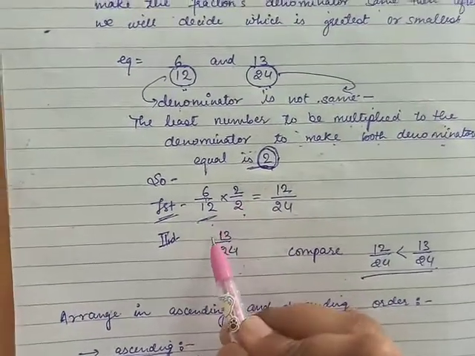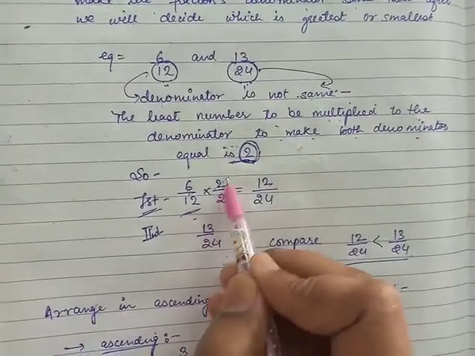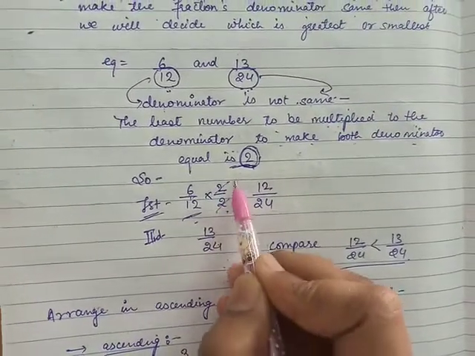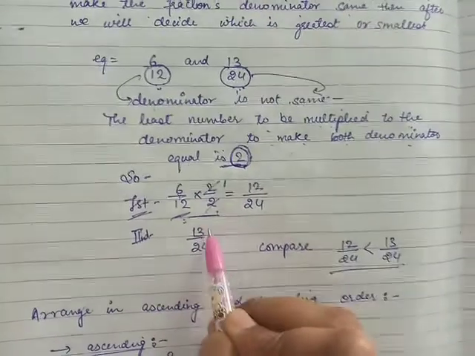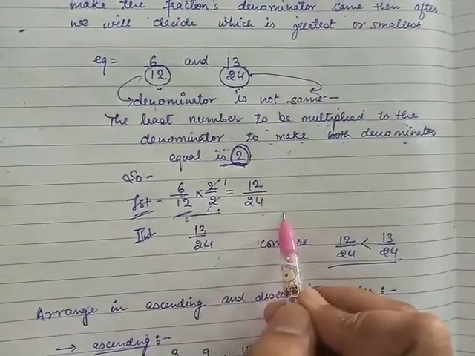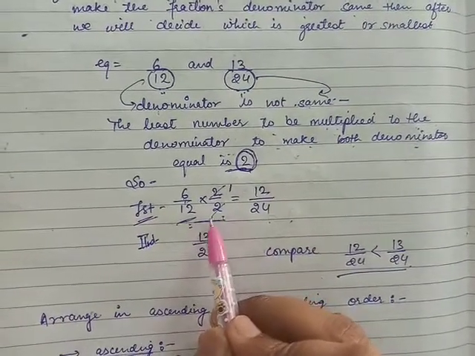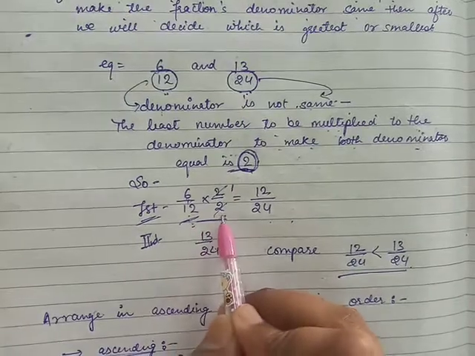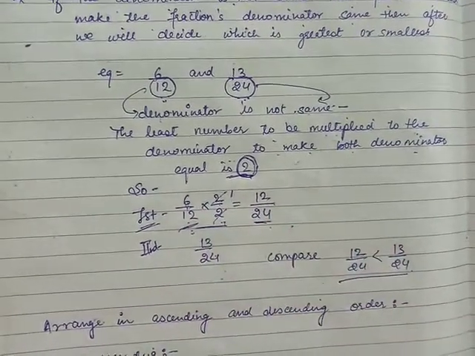It will not affect the value of 6 by 12 because when 2 is cut out with 2 it will be 1, so it will not affect the value. For making the denominator equal, we are doing this. So when 2 is multiplied, our result will be 12 into 2, that is 24, and 6 multiplied by 2 will be 12.